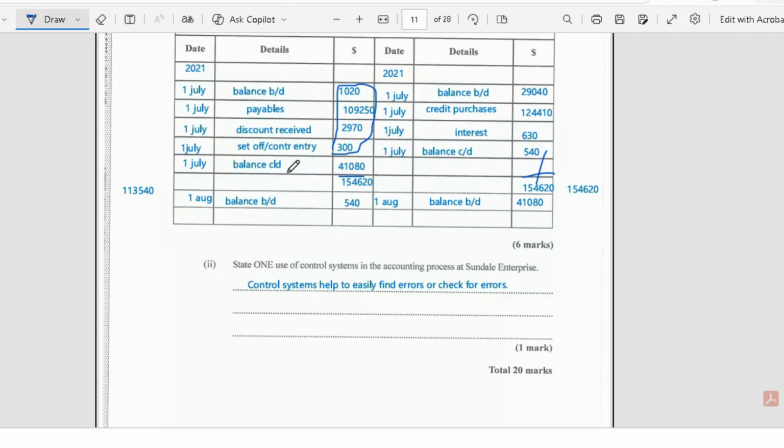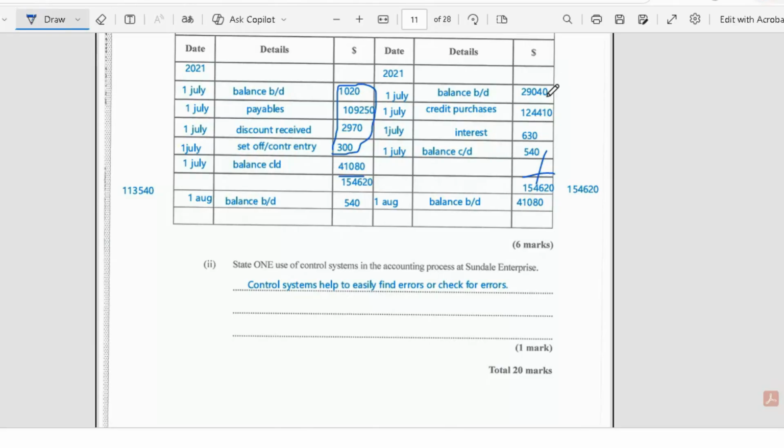Now that I know is going to be my balance c/d on the debit side, which when I bring over, it will be on the credit side on the 1st of July. All right. So you first put in what you are sure about, which is the 540.